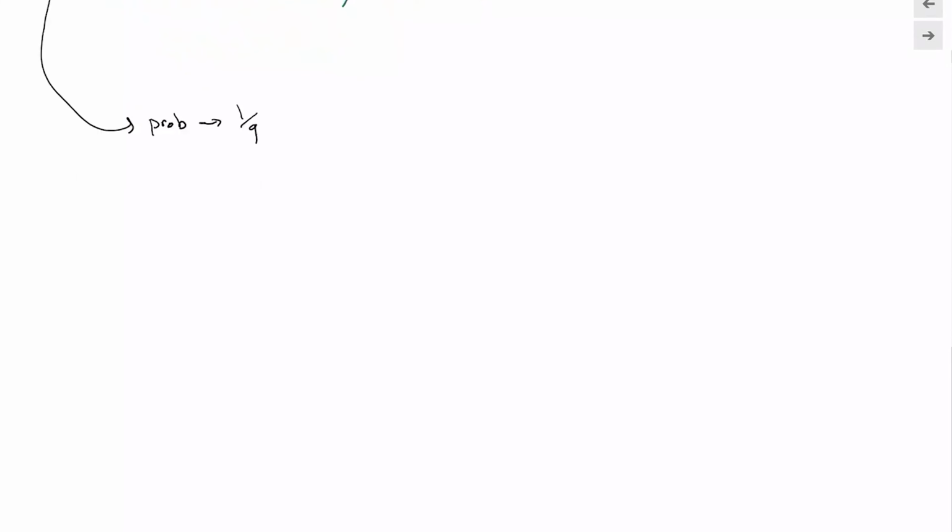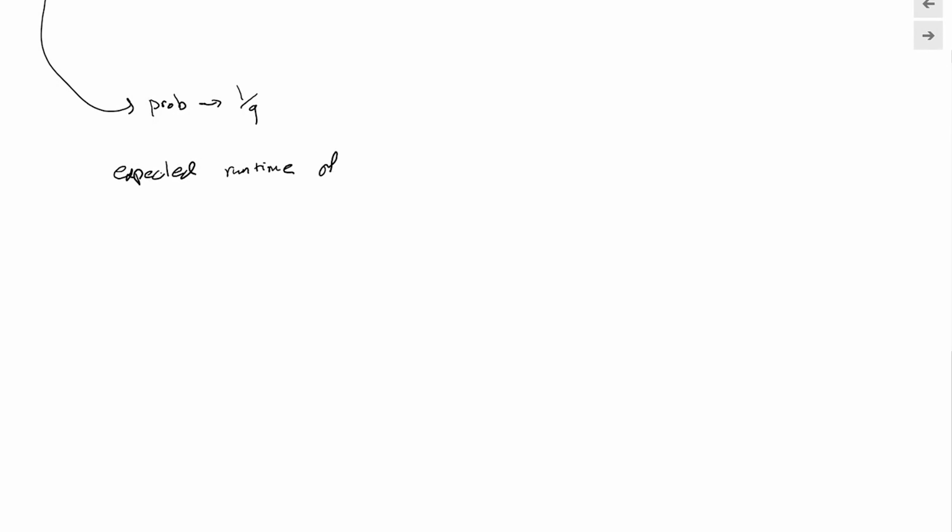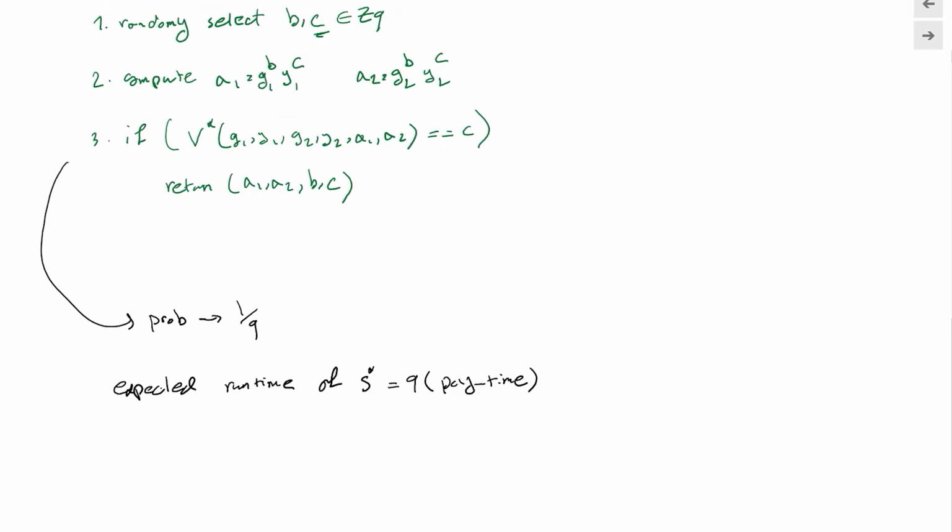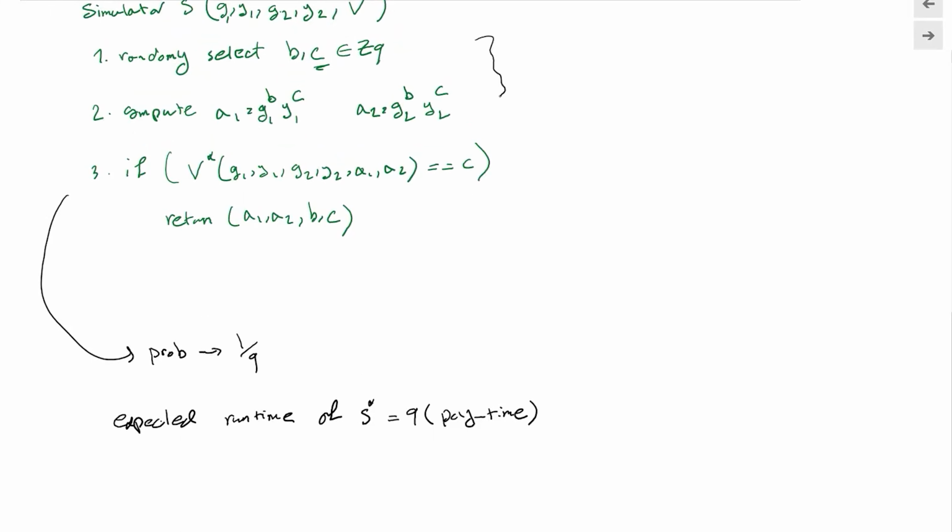So this probability is very low, and therefore the expected runtime of S* is going to be Q times some polynomial time. Polytime refers to this part.